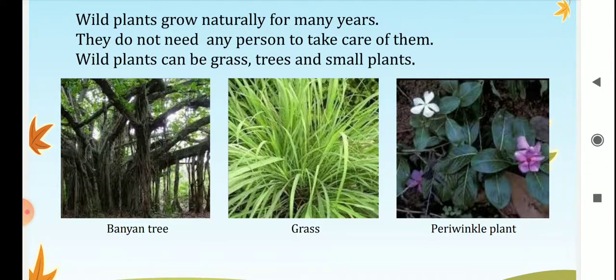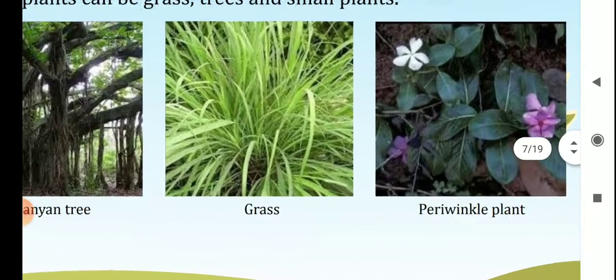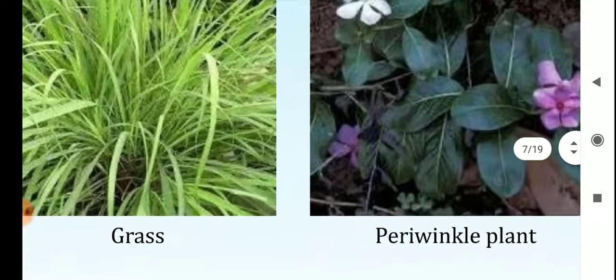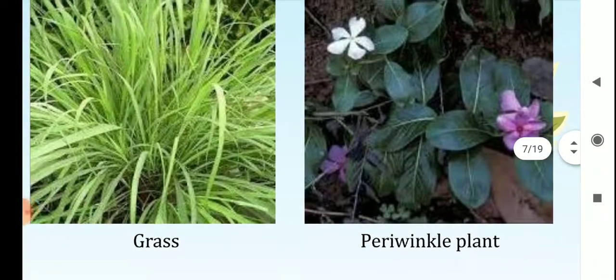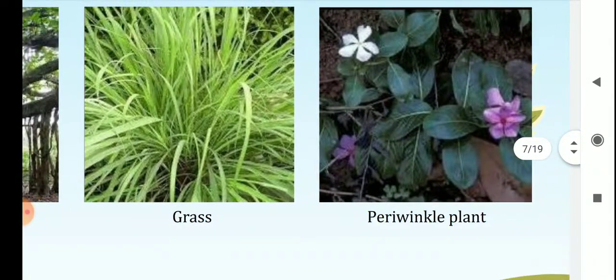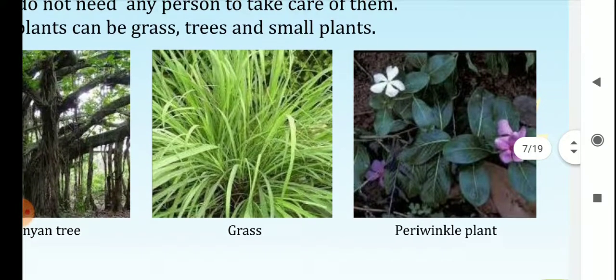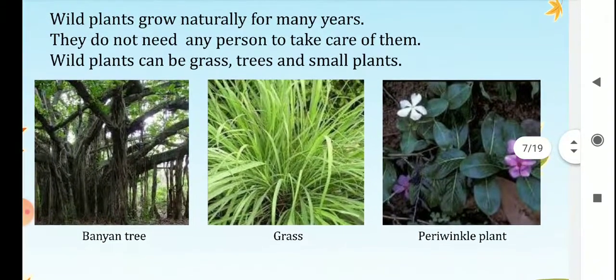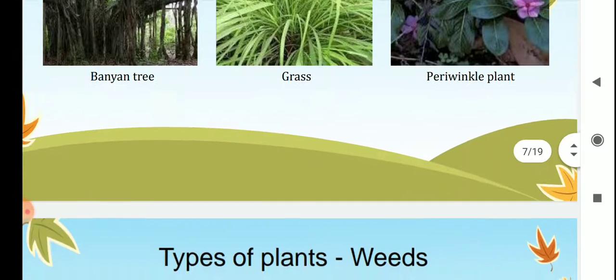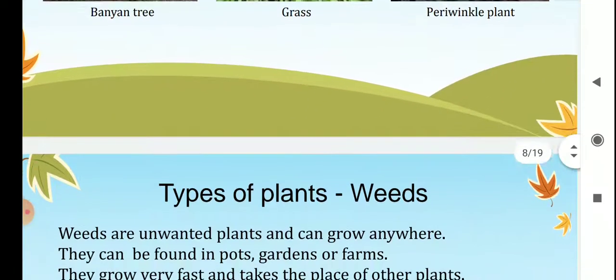Very common examples are banyan tree, grass, and periwinkle plant. This flower you know has a very high level of biological activity, and the extract obtained from this plant is used for different kinds of medicine, especially for cancer treatment.